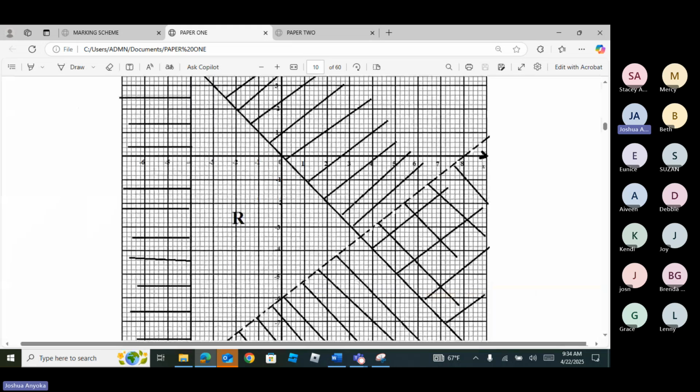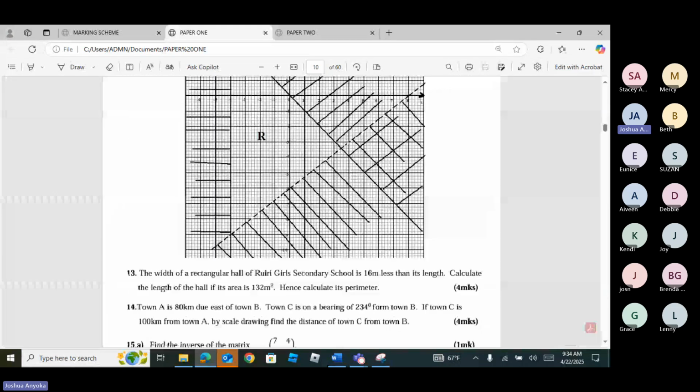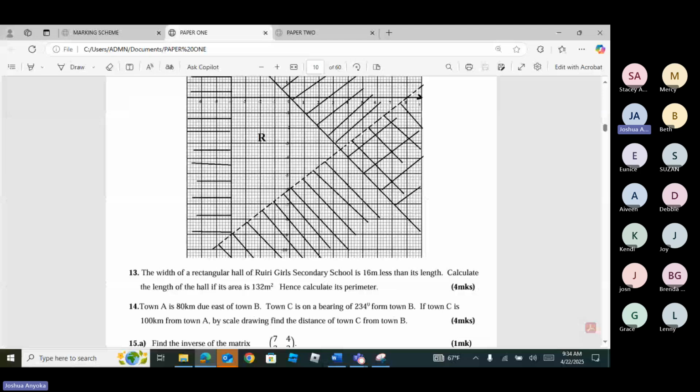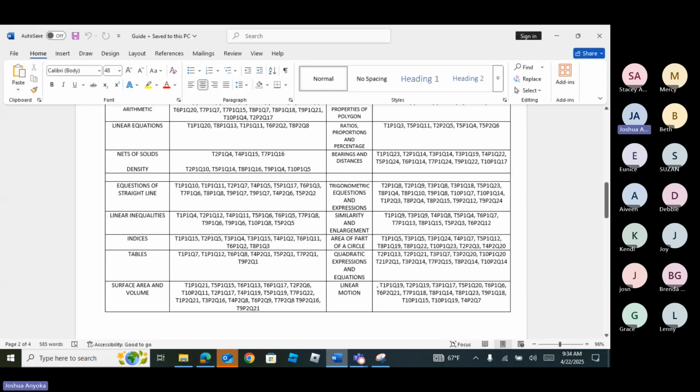Another concern? Any other concern? Now I want to give you one that you can try. Test paper. You want to try your paper 2?